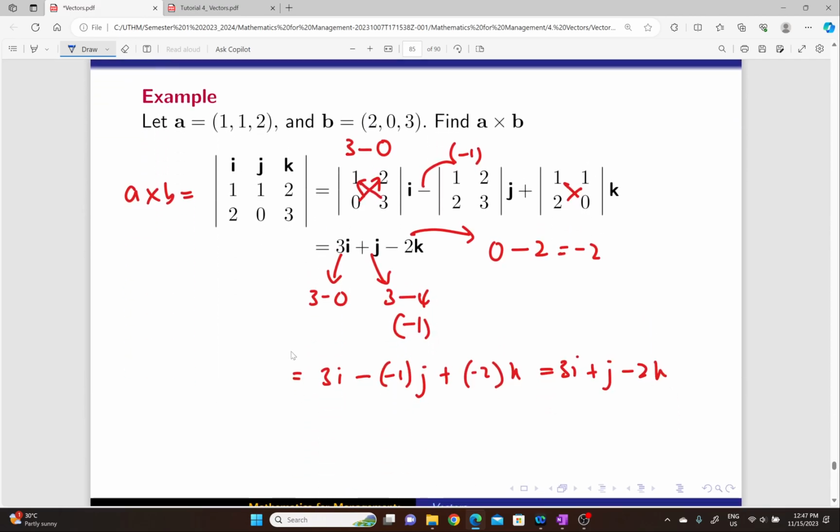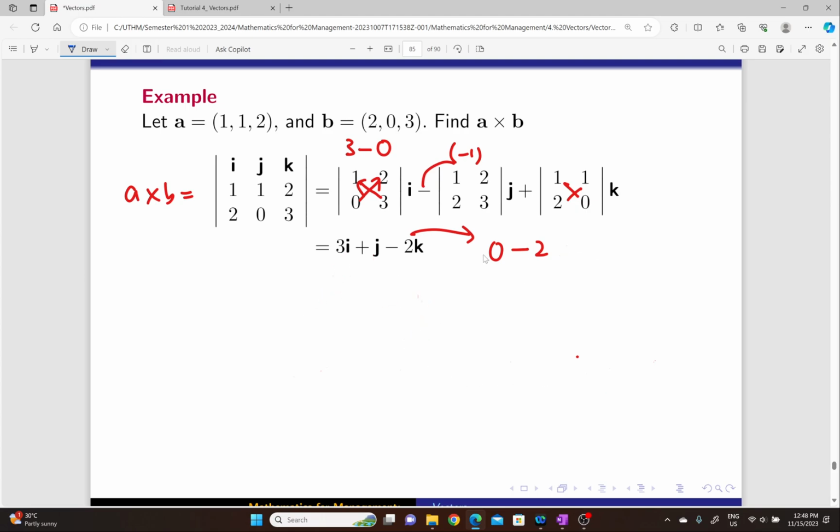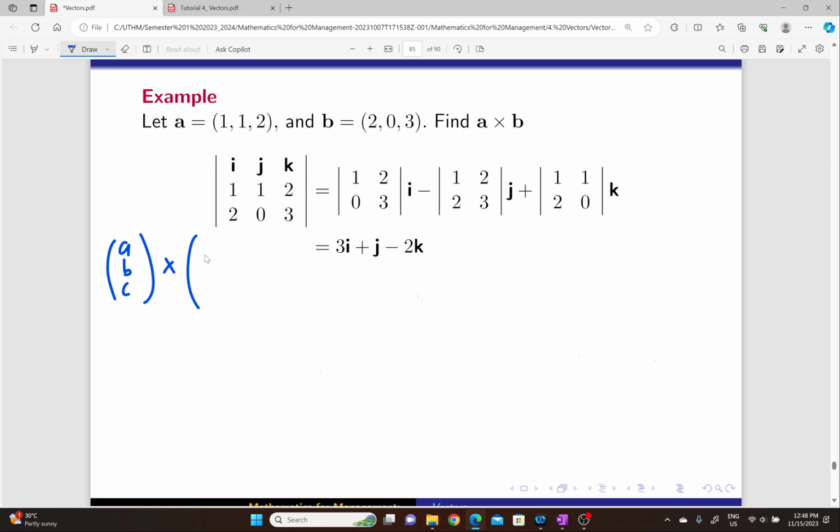I'm going to erase this. Let me put it in a more general form. Let's say this is a vector A B C cross a vector D E F. So what is the cross product?